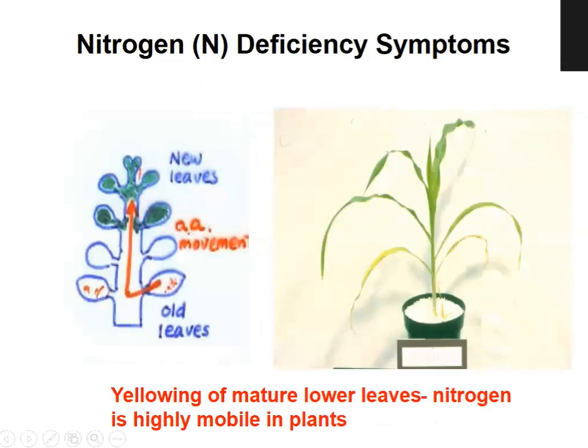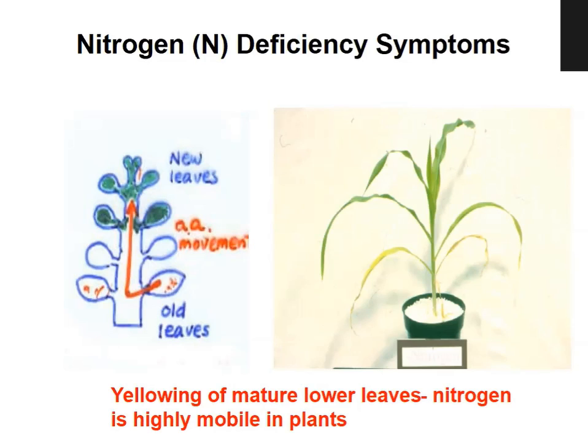Okay. In this figure, you see the deficiency symptoms of nitrogen, which appear on the lower leaves, known as the older leaves. Deficiency of macronutrients, that is NPK, calcium, magnesium, and sulfur, appears on older leaves because they are highly mobile in the plant.